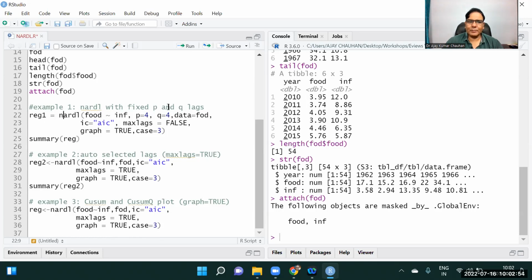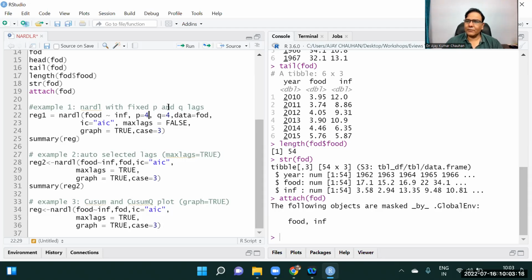The function is NARDL, the dependent variable followed by the independent variable. Here I am telling you we cannot add 2 independent variables in the model. You can apply an NARDL model only with 2 variables, one dependent and one independent. So this is the limitation.